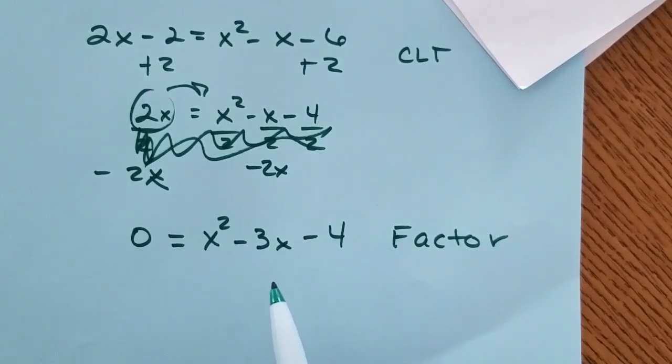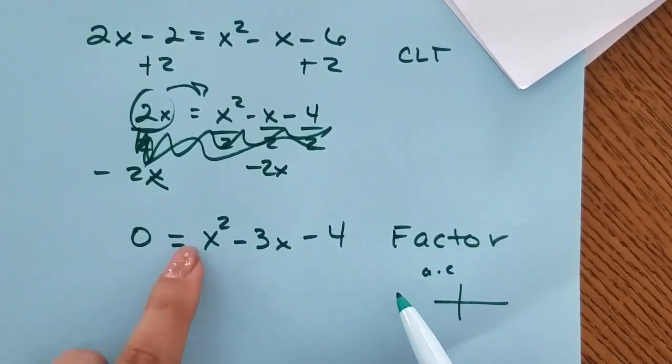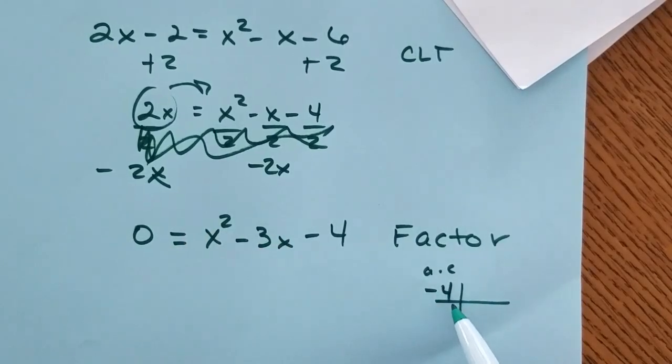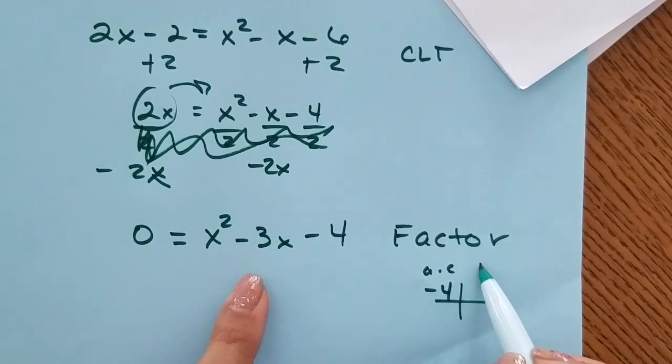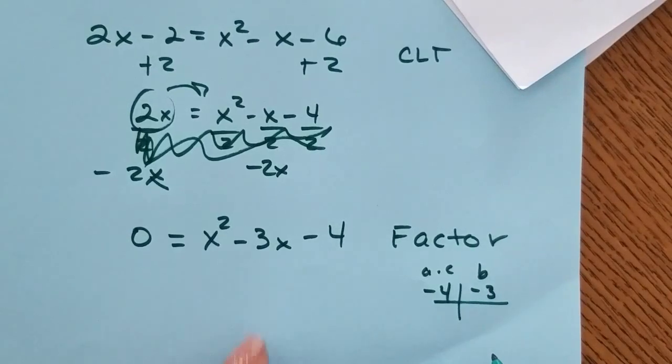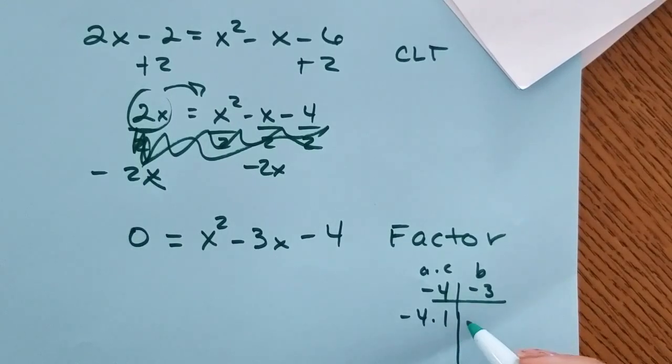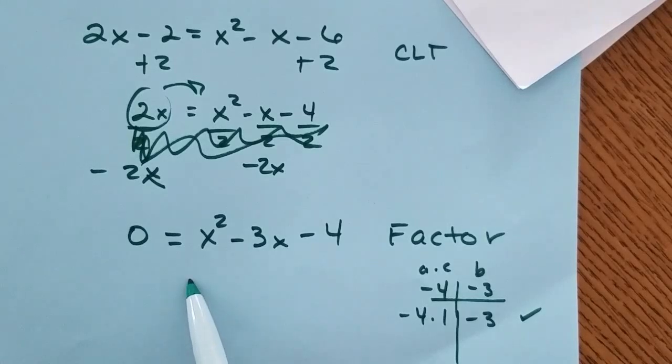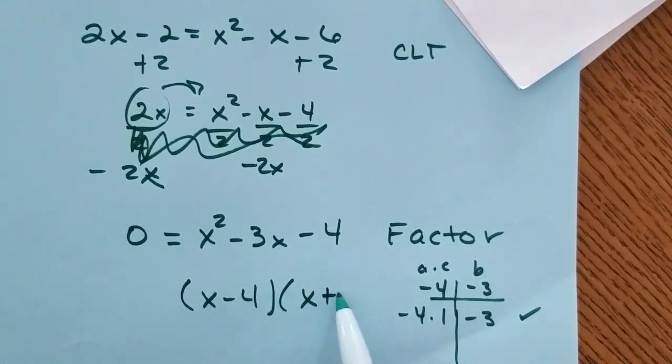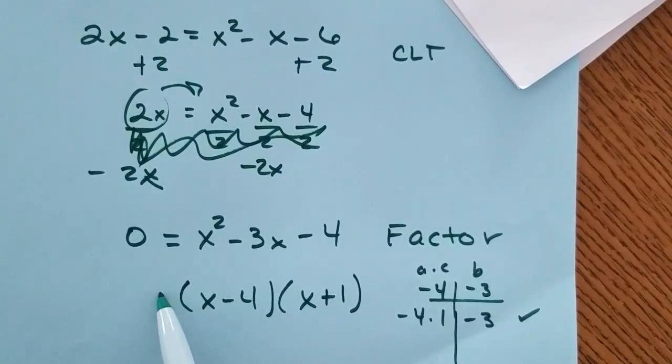You're looking for the product of a times c. So just a refresher, 1 times negative 4 is negative 4, whose factors sum to b, which is negative 3. So those are going to be negative 4 times positive 1. Negative 4 plus 1 is negative 3. That's what we're looking for. So we have x minus 4 times x plus 1 is equal to 0.